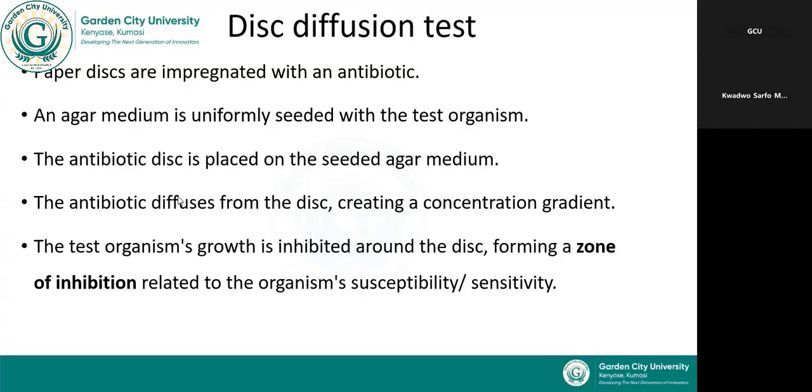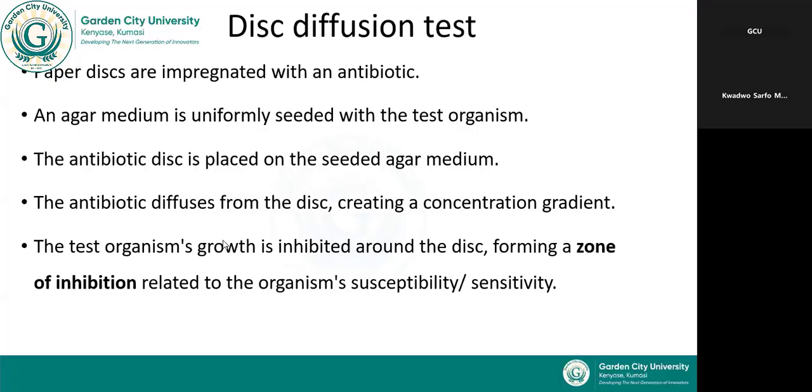Then you incubate. The antibiotics from the paper will diffuse onto the medium, and this medium, remember, has the bacteria. So there will be exposure or interaction between the antibiotic and the organism.